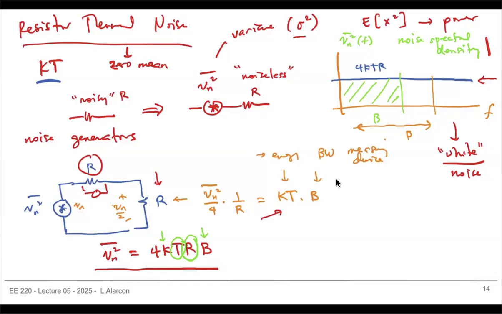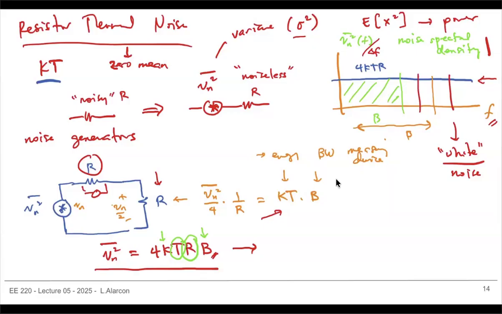What's the spectral density? I normally would like to plot power versus frequency. Now, in some books, this actually has the term over delta F, because in some books this B is cumbersome. The reason is that it does not have to start from zero.